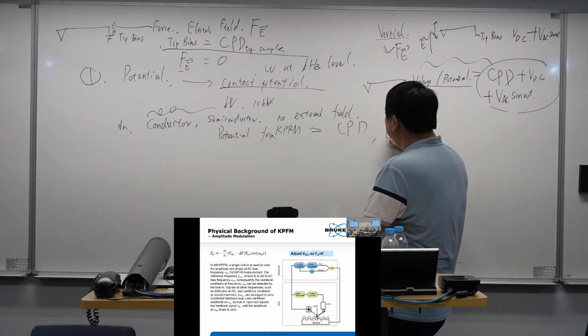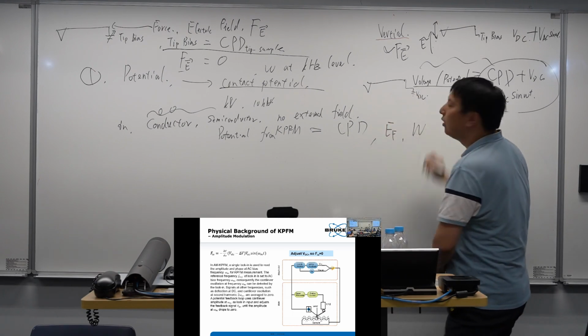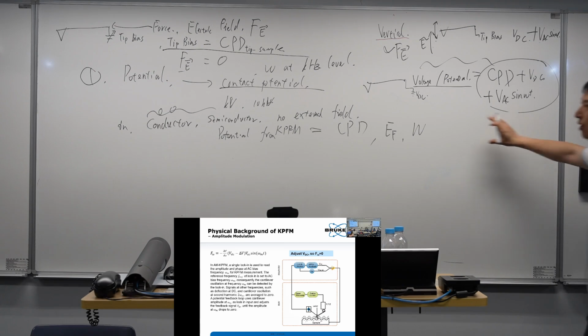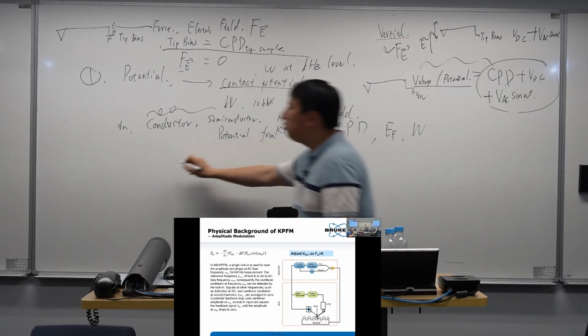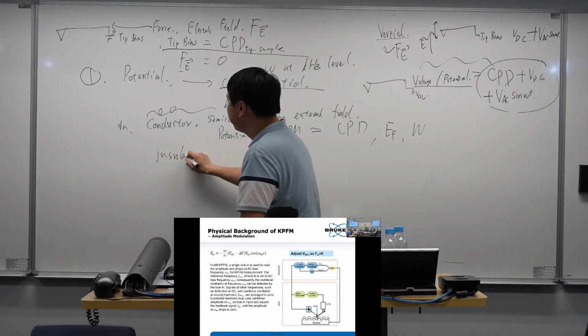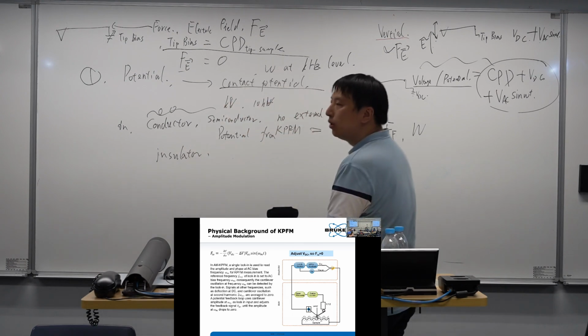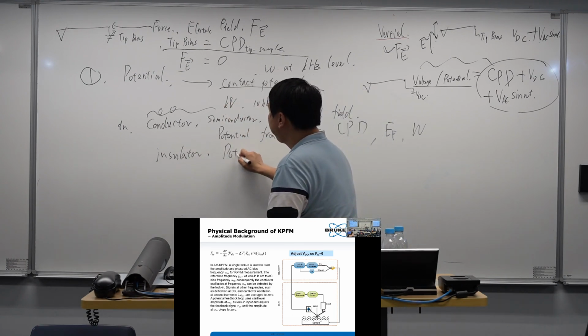It's from the Fermi level or work function. Only in this case. If your sample is an insulator or something like that, then the potential is from charge.